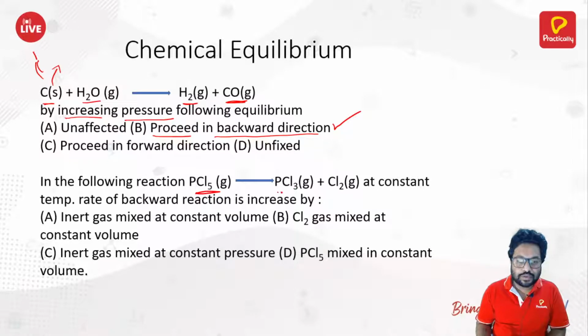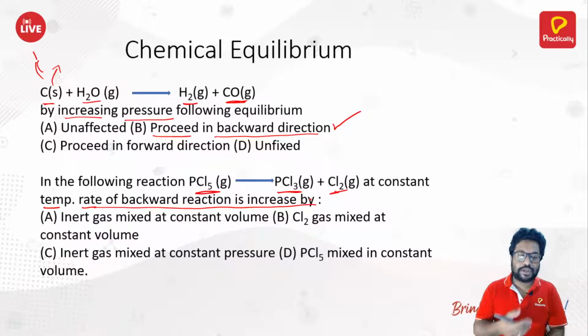Next, in the following reaction, PCl5 gives you PCl3 plus Cl2, at constant temperature, the rate of backward reaction is increased by.